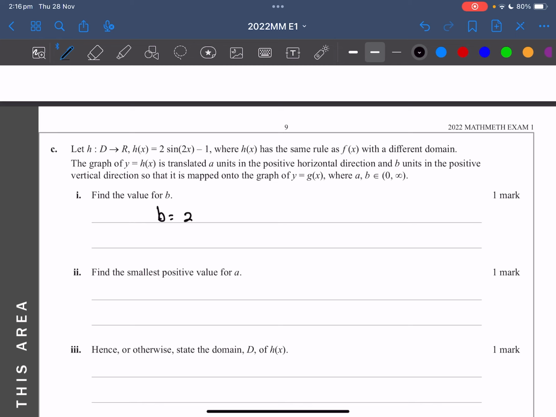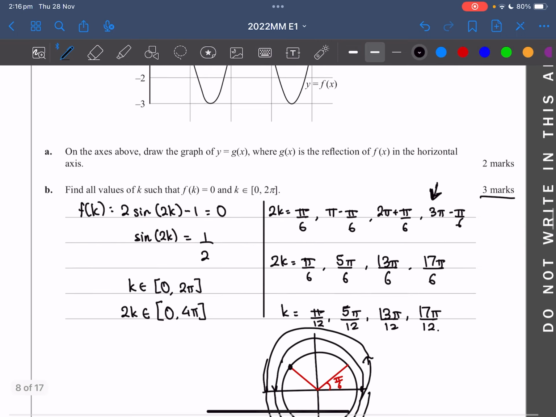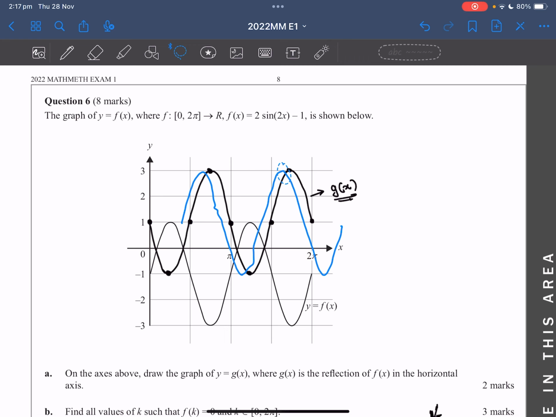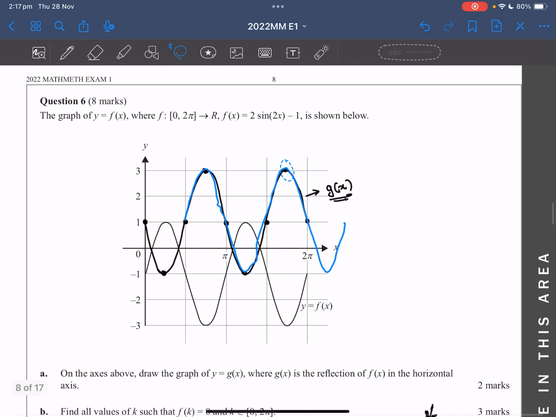So a is the positive translation in the x direction. Okay, so we can only move right. We can't move left because that's in the negative direction, but we have to move to the right. So currently we are here, and now how much to the right do I have to move to match the graph, is what the question is asking us. Okay, so let's note down some of the points.